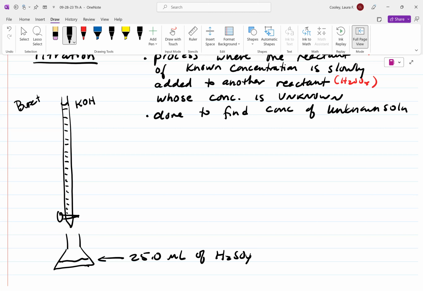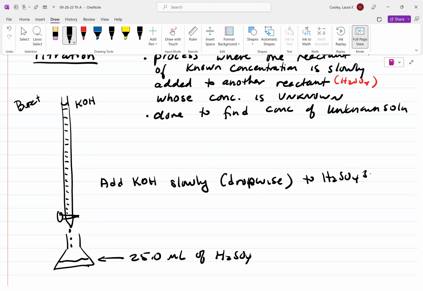And so basically, you add the KOH slowly, even drop-wise, which means a drop at a time, to the H2SO4 solution. And you add it just until you have just reacted all the H2SO4. In other words, you don't add any extra. You add just the right amount to react with all the H2SO4 that's in there.